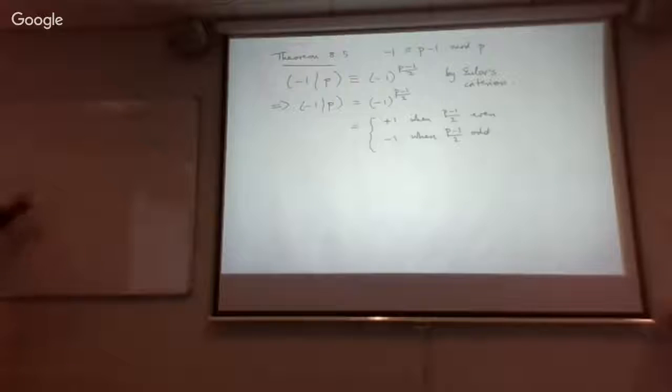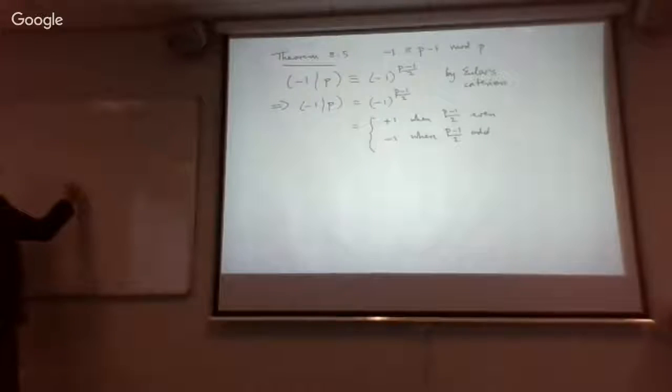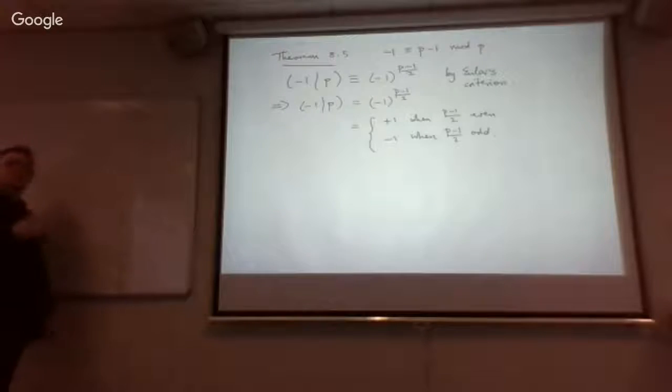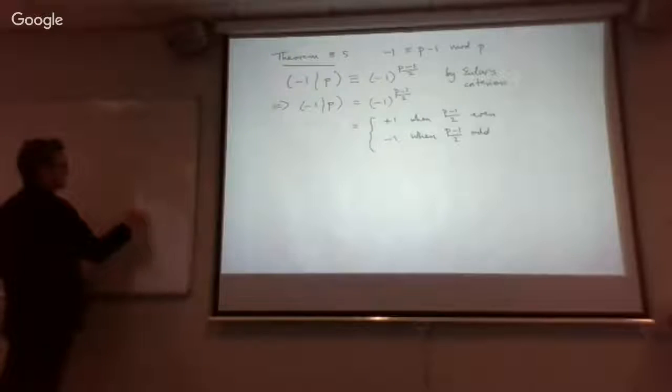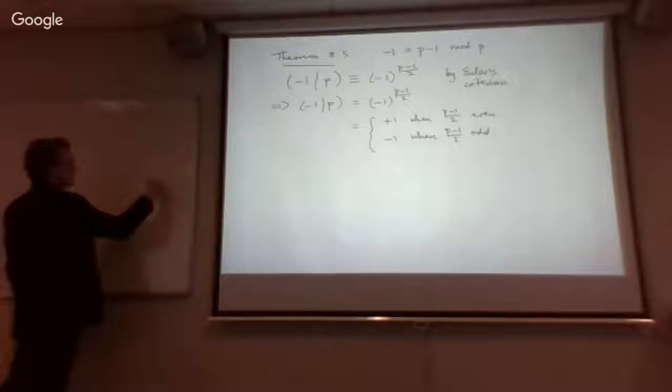So 5: 5 minus 1 over 2, 4 over 2 is 2, so that's an even one. 9 isn't prime, of course, but just as a number, 9 minus 1 over 2 is 4, so that would be another even one. 13 is prime, 13 minus 1 is 12, over 2 is 6, again an even. 15 will give you an odd, 17 will give you even, gives you 8, and 19 will give you odd.